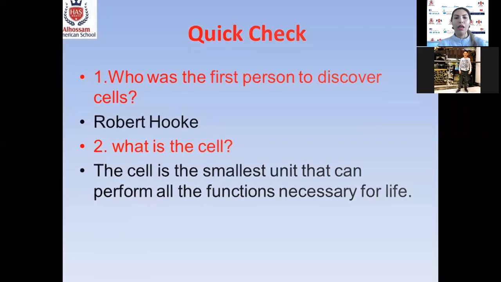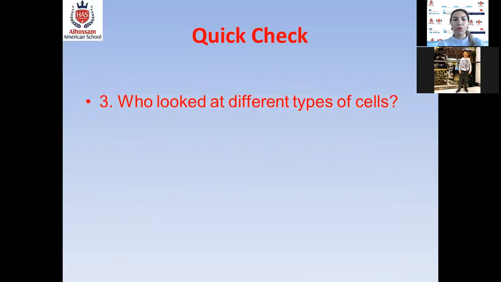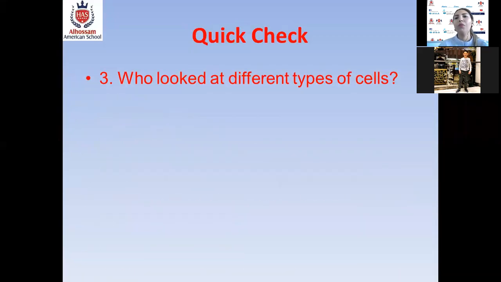Okay. Let's start a new question. Who looked at different types of cells?